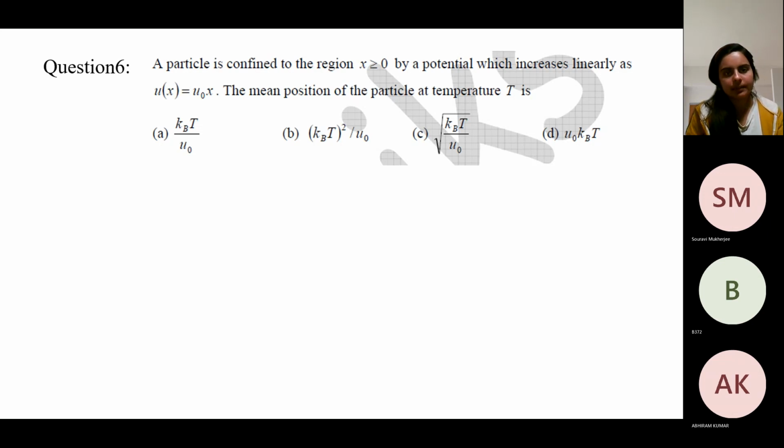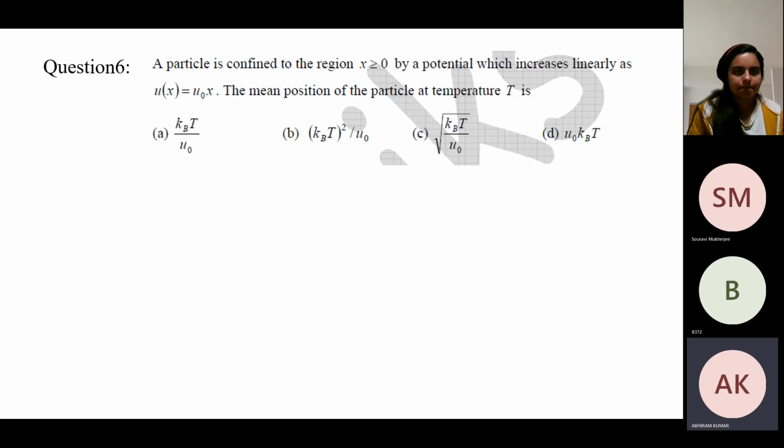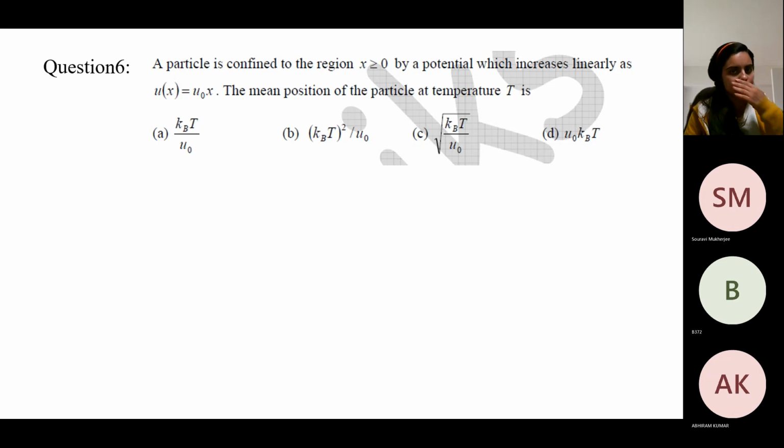So what do you mean by the mean position? How do we find mean values? Mean in the sense of expectation of x. Yes. So if you say mean of position, how do you plan to evaluate that? If you have some probability distribution P of x, how do you define mean of x?